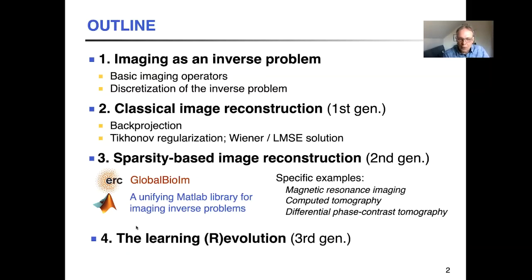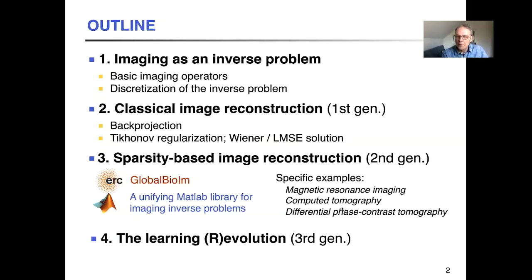And last but not least, I want to tell you about the learning revolution, which we have labeled third generation methods. All those techniques, first, second, third generation, are not disconnected. In fact, as we will see, the second generation uses lots of the first generation as building blocks. The learning-type algorithms, the first ones, are really add-ons on classical reconstruction algorithms, so they also incorporate this first generation.